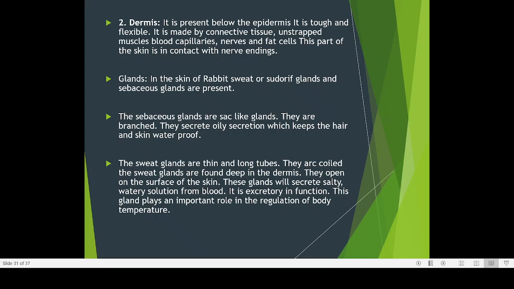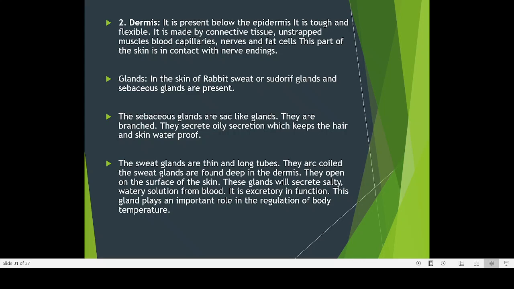Now going to the function of the sebaceous gland, it secretes an oily secretion. If you take our skin, it is usually soft and very soft to the touch, because our body is producing minute quantities of oil. If this oil is not produced, our skin becomes quite dry.